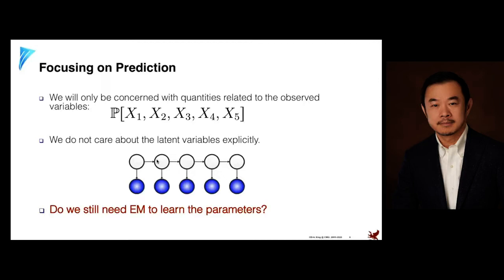Well, yes and no. If your model is an HMM like this, you of course need to know the latent variable, because that will give you the conditional probability of Y_t given Y_{t-1}, and then X_t given Y_t. Therefore, you can build on the sequence to predict the future.